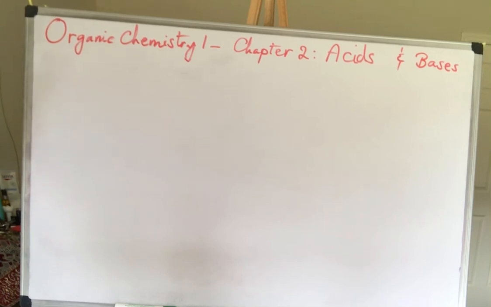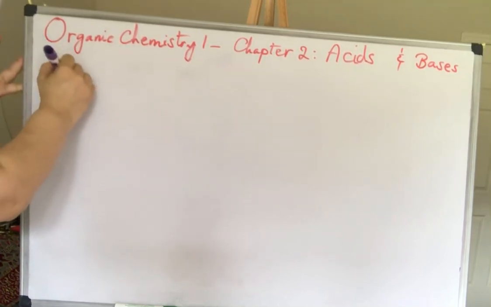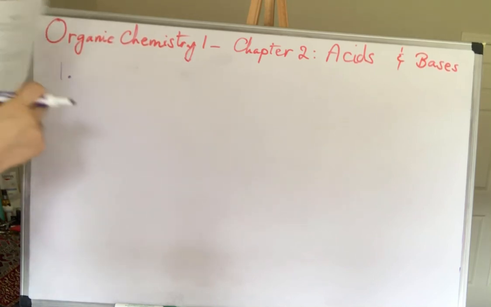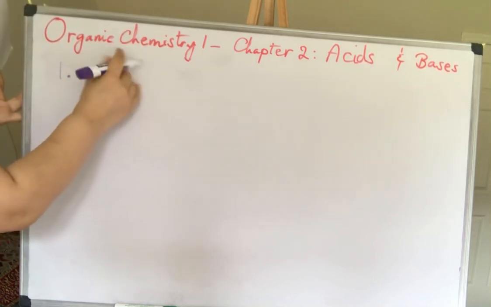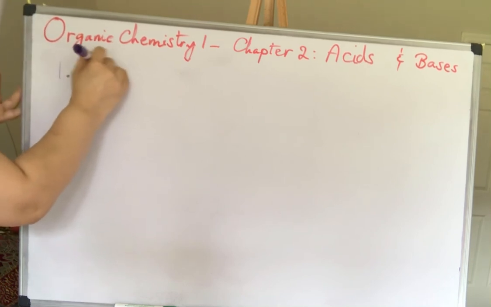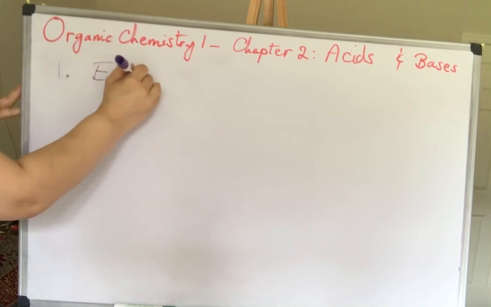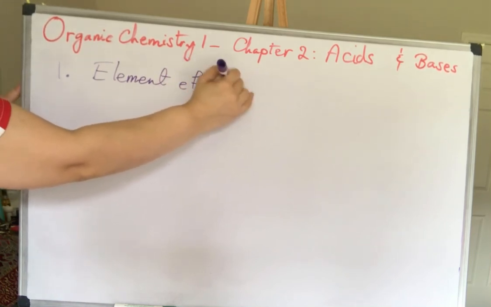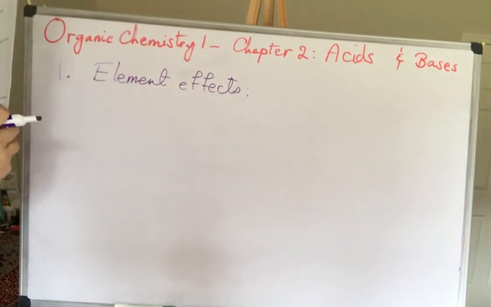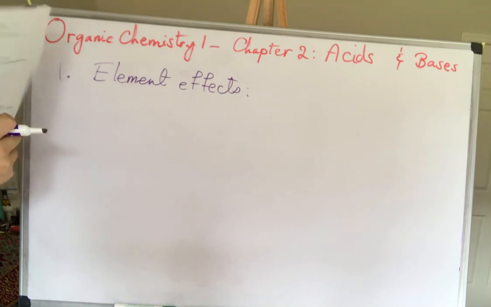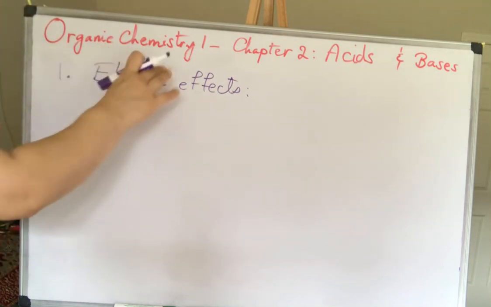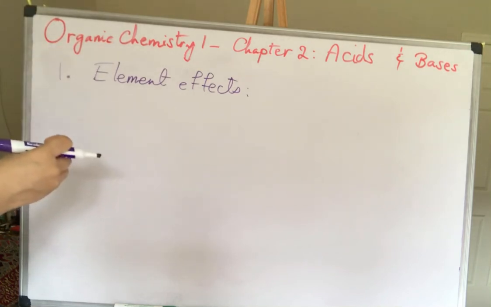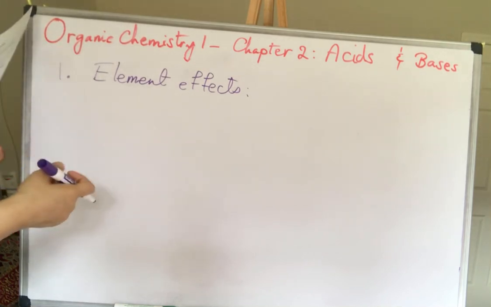The factors are, first, the element effects. I'll just write down the title, element effects. So by increasing the size of A, let me go with some non-organic acids to show you how it works.